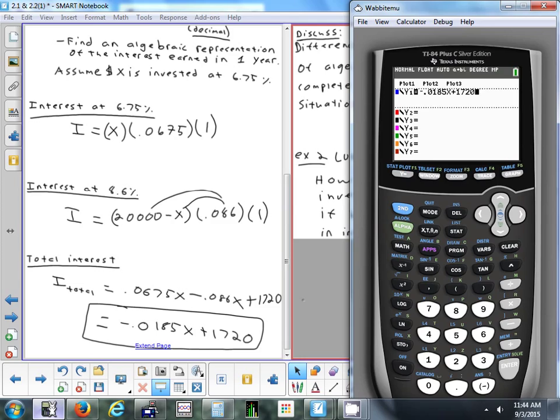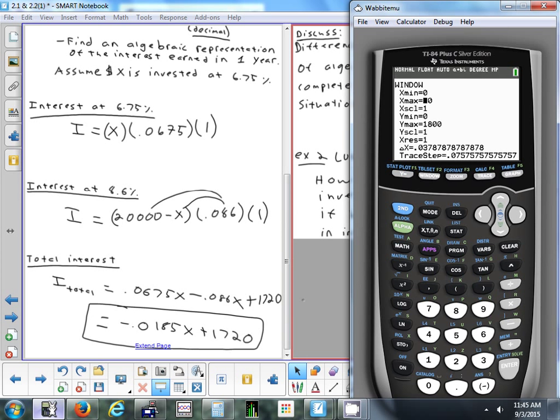Now I know Bill's not going to lose money, so I shouldn't look at negative interest. And I also don't need to look at negative amounts of money. So I would set my x min and y min both at 0. Y max, I know I don't really need to go higher than 1720 because I saw my y-intercept.